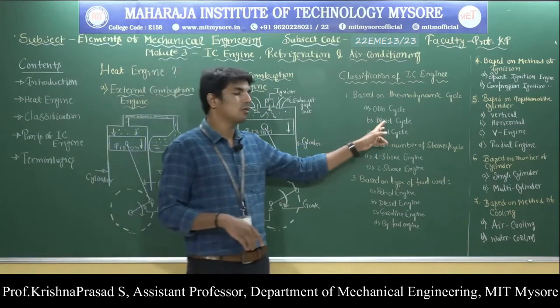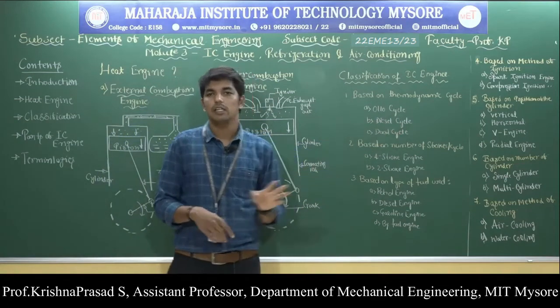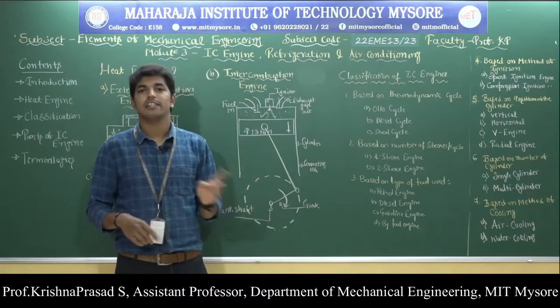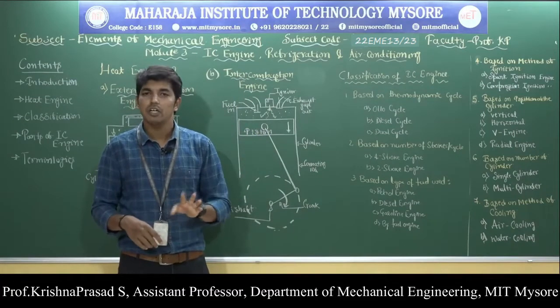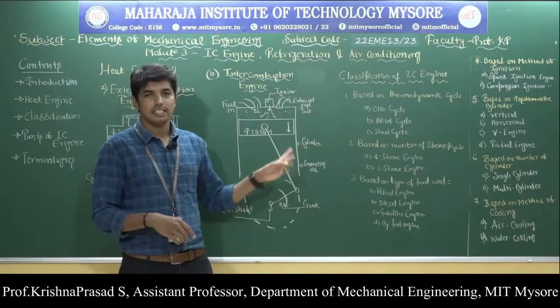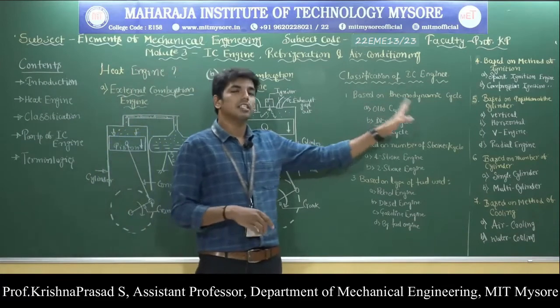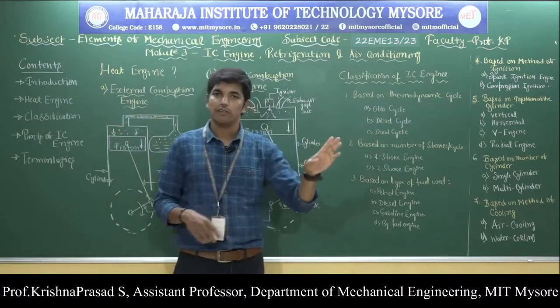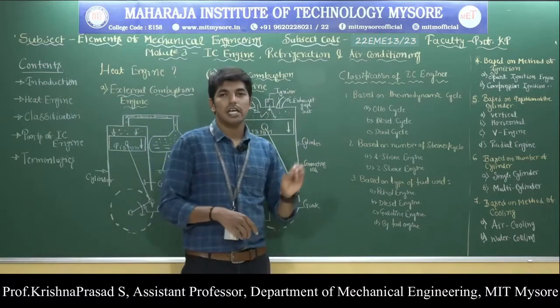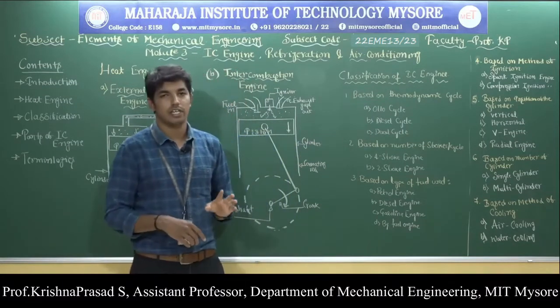Then the second one: what is meant by the diesel cycle? Here the combustion of the fuel takes place at constant pressure. Otto cycles generally occur in petrol engine vehicles, and diesel cycles generally occur in diesel engine vehicles.